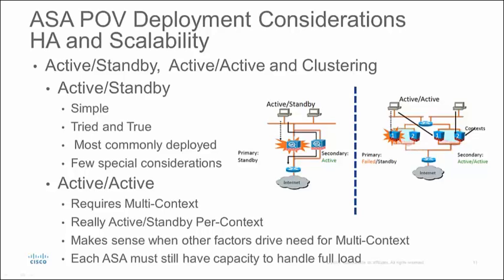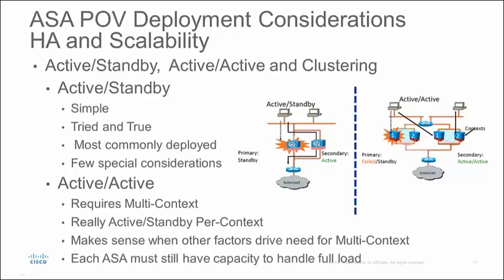Active-active makes sense when the customer POV already requires multi-context mode. It should also be noted that with an active-active design, each ASA must still be able to handle the entire load in the event of a failure because all traffic will be on one ASA.